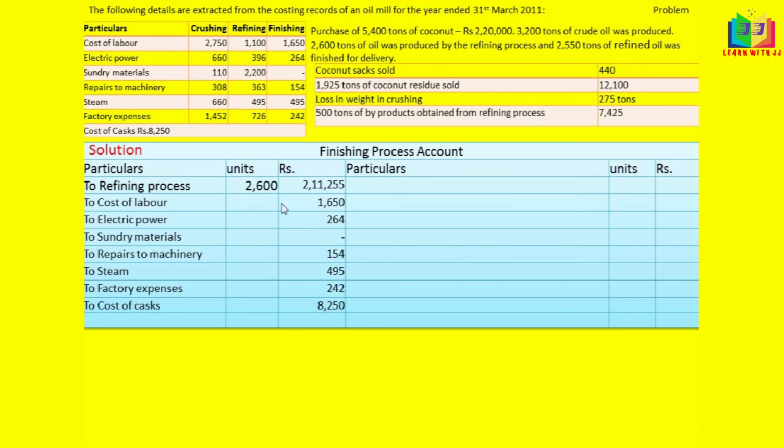On the debit side we have 2,600 and only 2,550 units was the output, so this 50 is the loss in weight. You know how to find the rate per unit: 2,22,310 divided by 2,550 gives 87.18. I hope you can now work out the process accounts for crushing, refining and finishing.